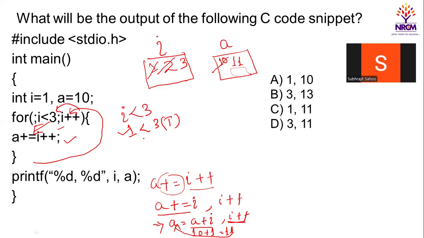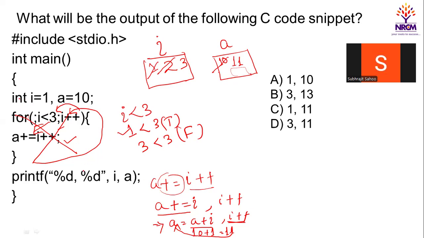Right now, what is I? 3. Is 3 less than 3? True or false? False. False means this for loop will be terminated. Nothing will be executed now because the condition became false.